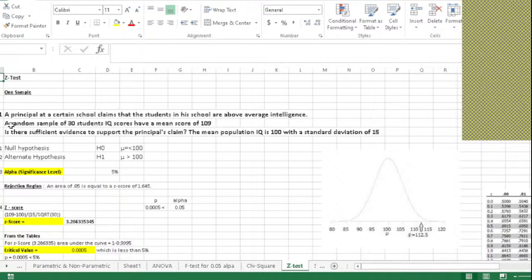The sample indicated a mean of 109 for a sample of 30 students. Notice this. So 30 students, and you also know the standard deviation. Is there sufficient evidence to support the principal's claim? The population mean IQ score is 100 with a standard deviation of 15. So can you tell me which test we are going to use here?